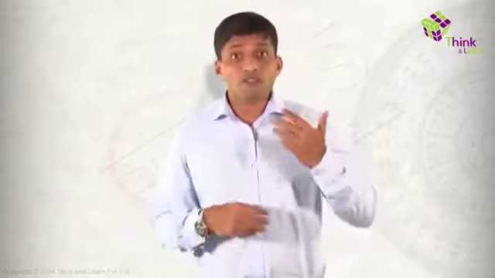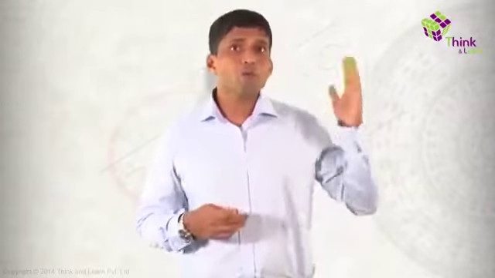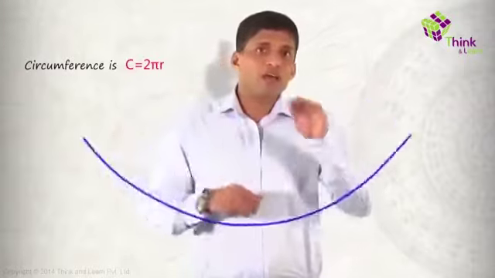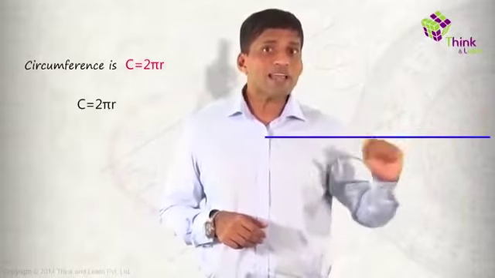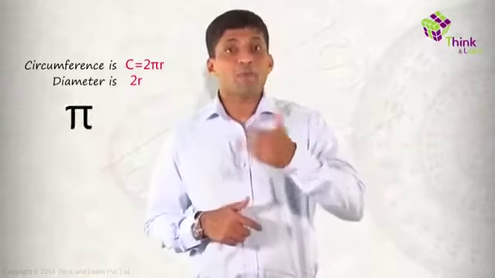From this, you can explain pi, because 2 pi r is the circumference. If I open up a circle and take the circumference, which is 2 pi r, and divide it by the diameter, which is 2r, I'll get pi. So what is pi?